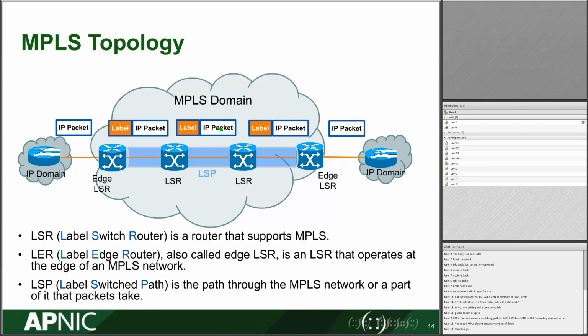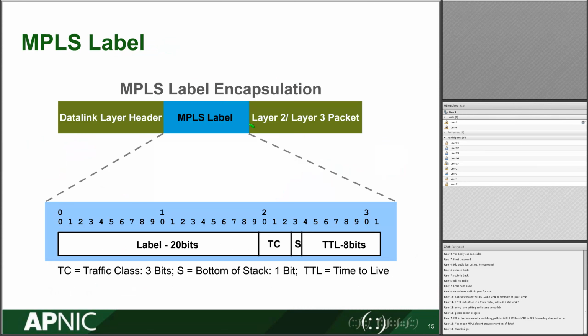So we match the labels one by one, then we can form one path. So this is the LSP, and later we will see that one. And in the MPLS domain, if we are using the label for forwarding the packets, we will add the labels. So this is one topology, and then we come to our label.